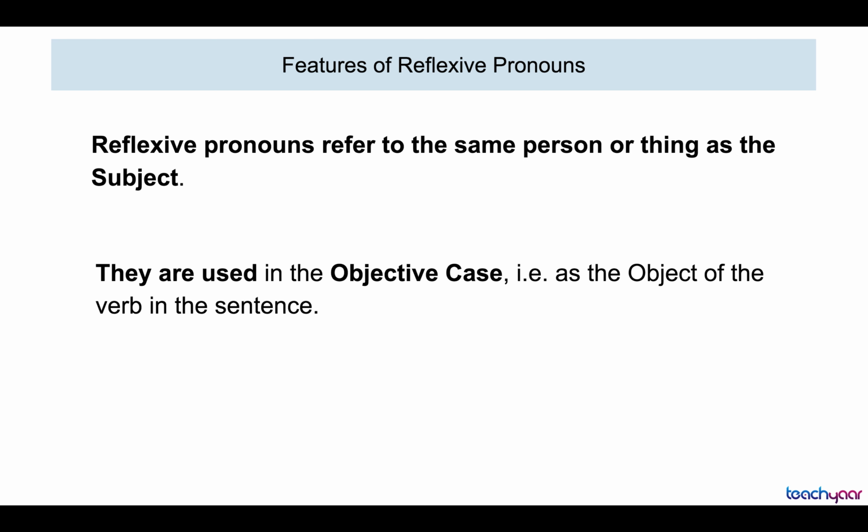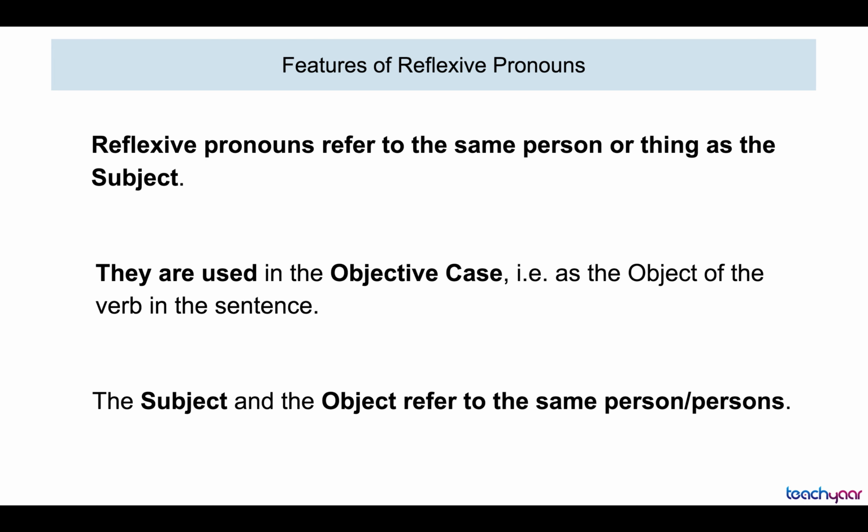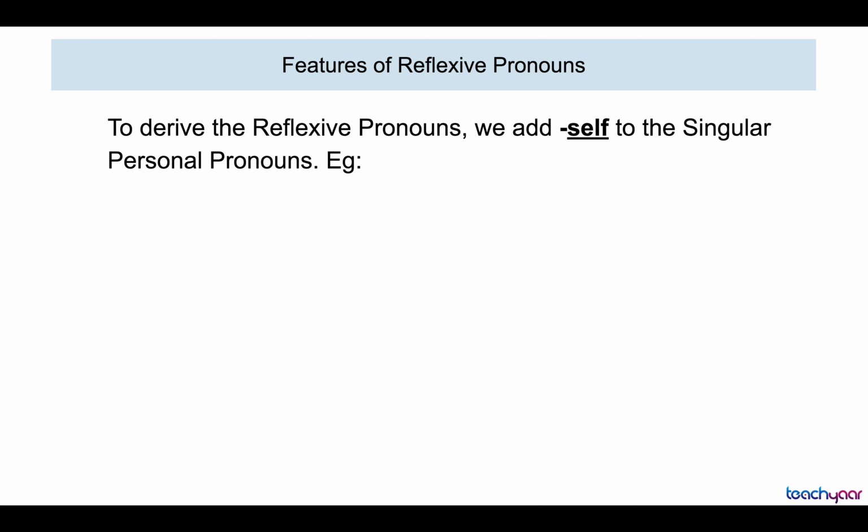That is, as the object of the verb in the sentence. So the reflexive pronoun is always in the position of the object in a sentence. Since, as we discussed in the first point, the reflexive pronoun refers to the subject, therefore, logically, the subject and the object refer to the same person or persons.